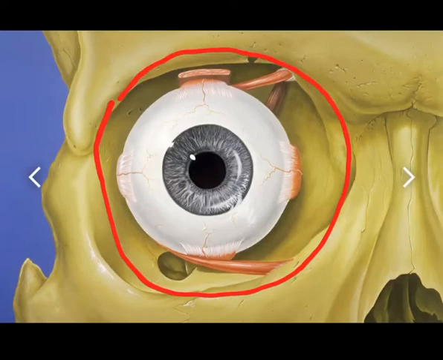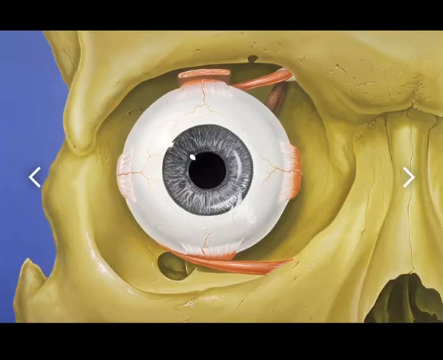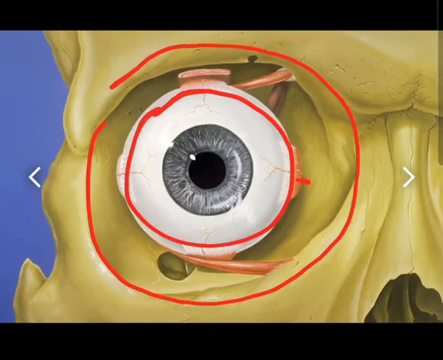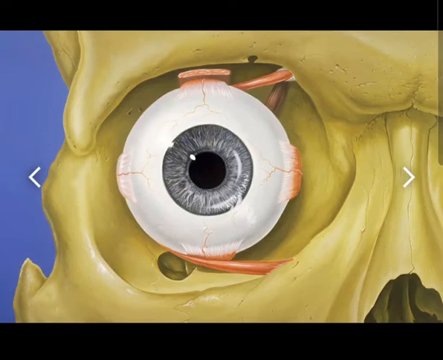Each eye is spherical in shape. As our eyes are spherical in shape, in comparison to the size of the socket, our eyes are very small. So the space between the eye wall and the socket is filled with adipose tissue, which provides padding to the eye wall.